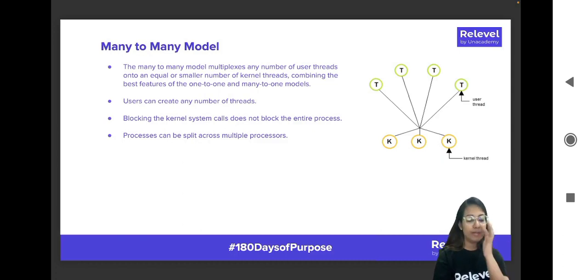So what we discussed about the many-to-many model is that there are several user level threads and several kernel level threads. The number of kernel level threads can depend on the particular application. The developer can create as many threads as they want at both levels, but they may or may not be the same.